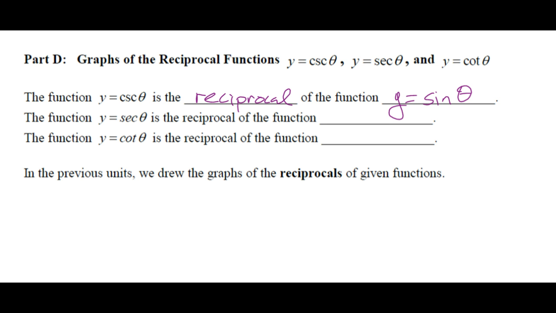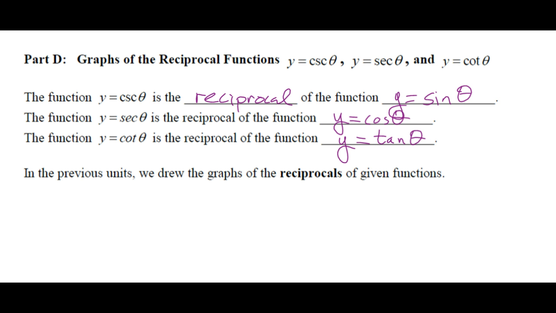So cosecant is the reciprocal of sine. Secant is reciprocal of cos, and cotangent, the only one that actually really makes any sense, is the reciprocal of tan. It's like, why isn't it sine, cosine, and then, I don't know, secant, cosecant? The cosine function should be called secant, but it's not.